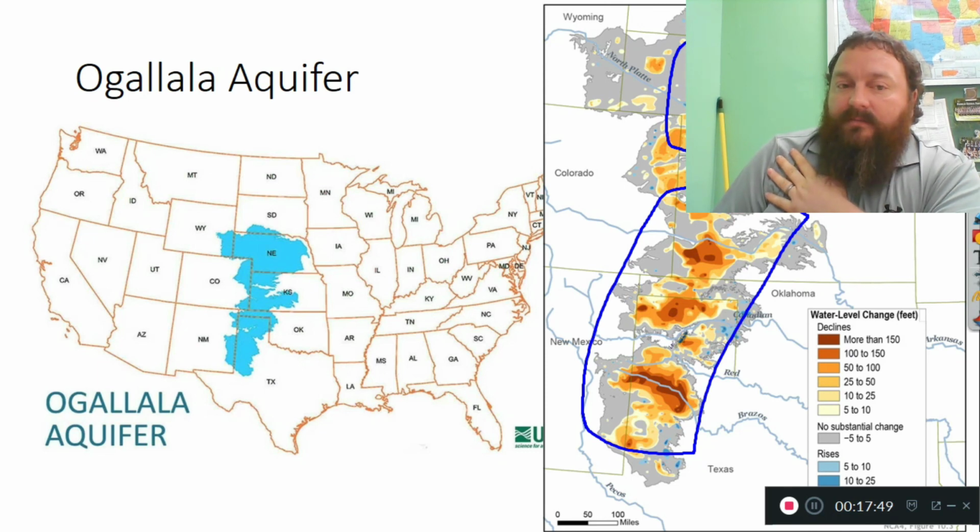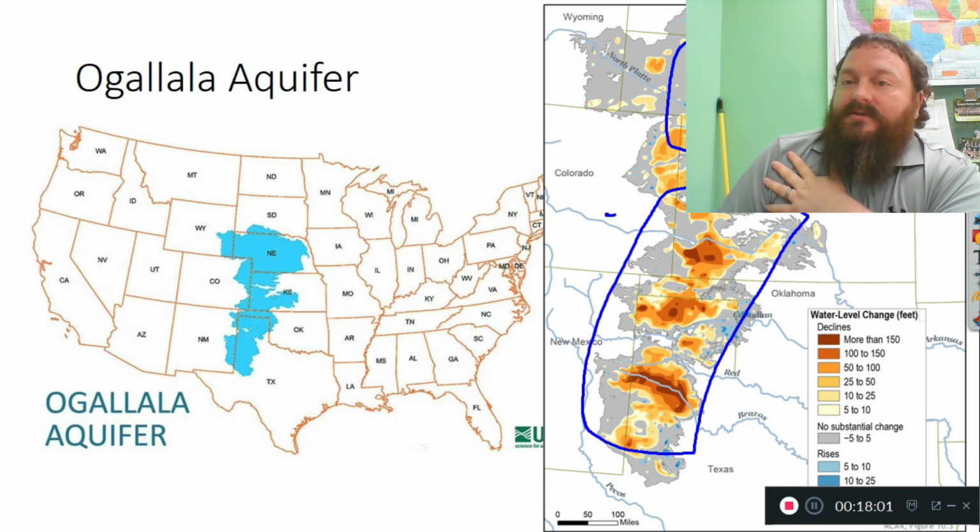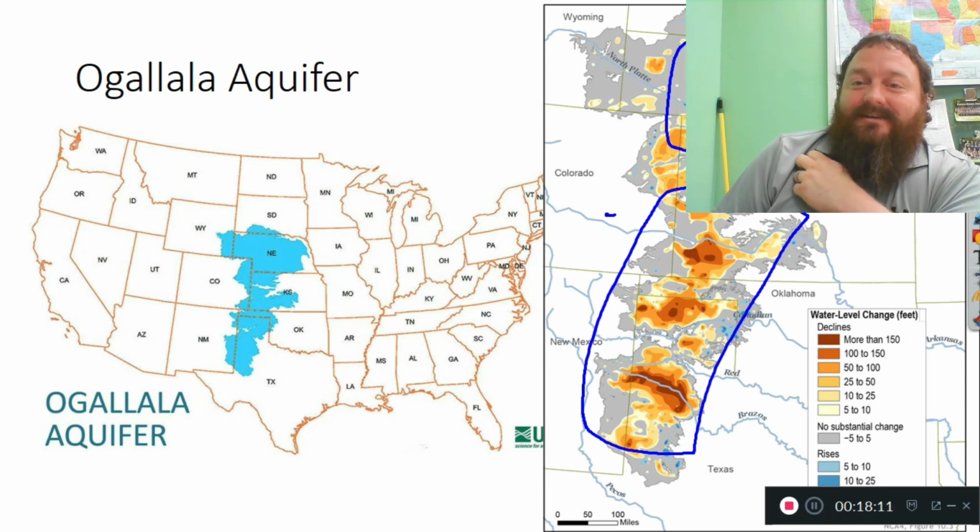So what we're seeing is we're over pumping near New Mexico, Colorado, Kansas, Oklahoma, etc., Louisiana. Up here in Missouri, Idaho, Iowa, places like that, we're seeing massive amounts of flooding happening in those areas. That flooding is seeping down into the ground and recharging that aquifer, but it's not recharging equally. And we're seeing an increase in depth here and up here and a decrease in depth down here.